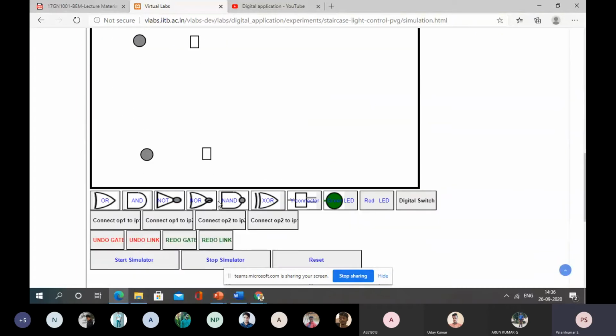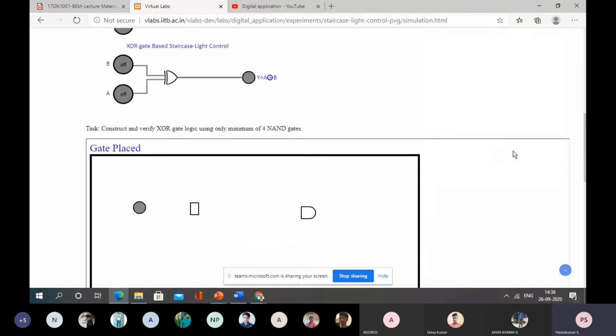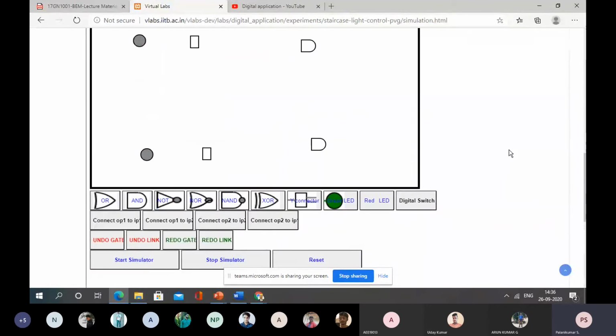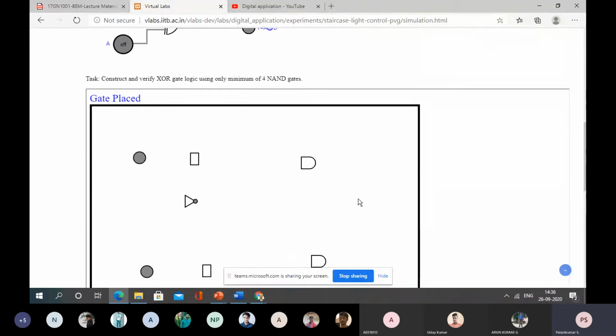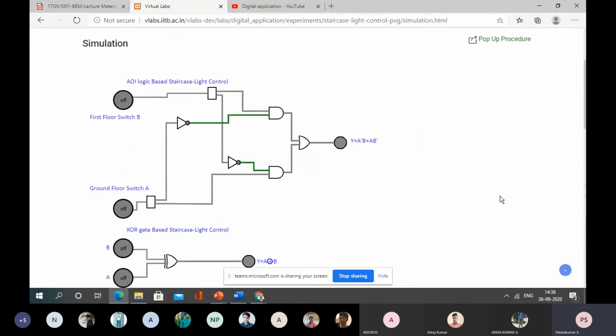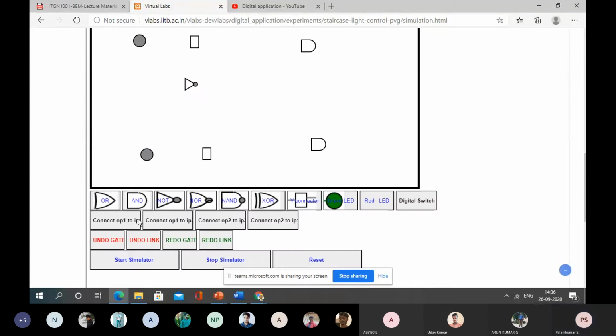Two AND gates. So the AND gate is here. I am going to use it here. I am going to use it here. Then I need two NOT gates. Two NOT gates. One is here. Okay, and another one is above that here.